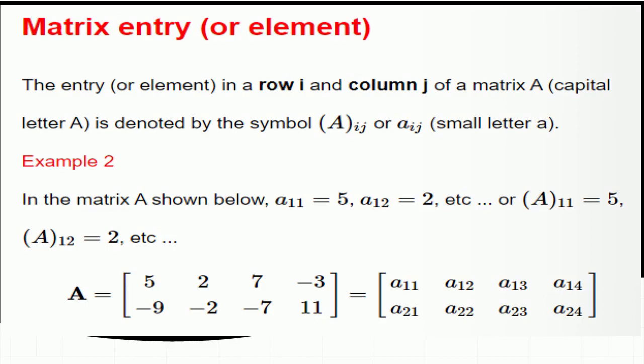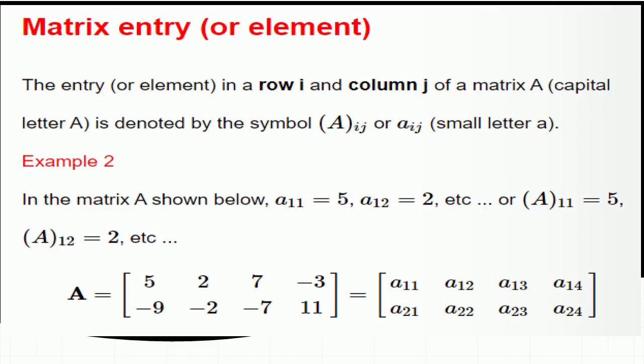We have the matrix 5, 2, 7, minus 3, minus 9, minus 2, minus 7, and 11. And we're meant to find the positions of all the values. So 5 is on the first row, first column, so that we have A11. 2 is the first row, second column, A12. 7 is first row, third column, A13.